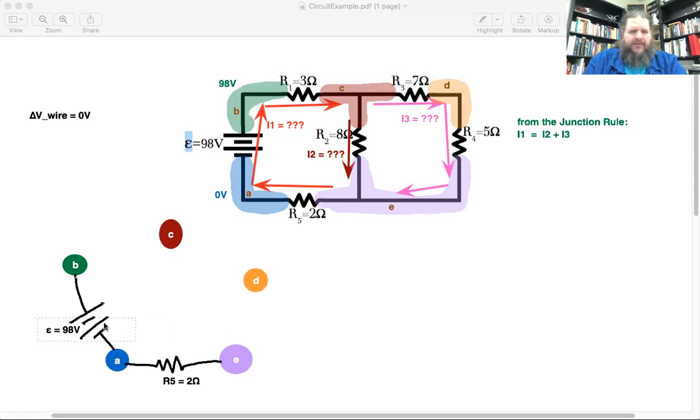And what else do we have here? For instance, what else connects to node B? Yeah, we've got resistor 1 connecting node B to node C. So we could draw that in. Resistor 1.